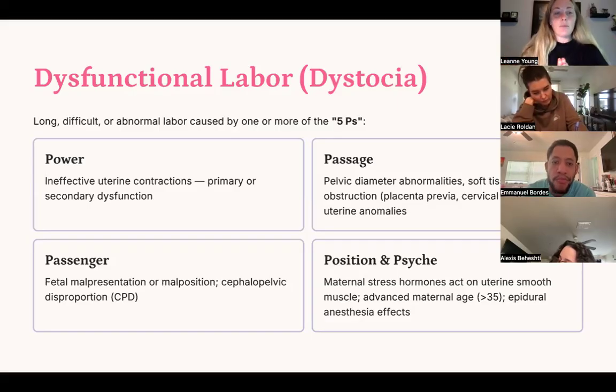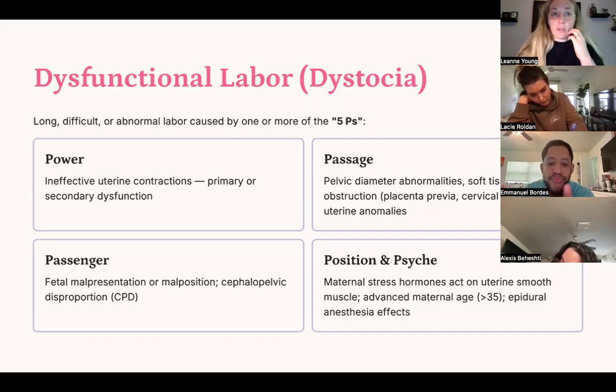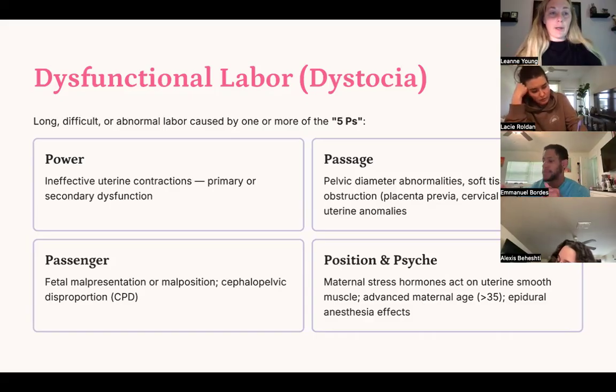From a secondary power consideration, we are trying to give her uterine contractions, whether that's from medication or a Foley balloon or some other type of induction method, and it is still not producing an effective uterine contraction pattern.